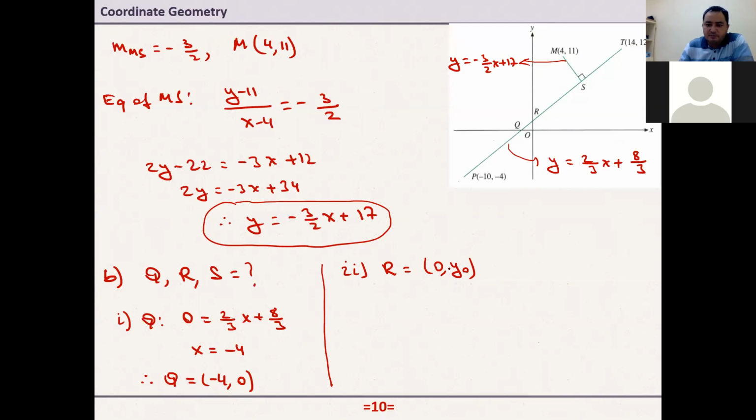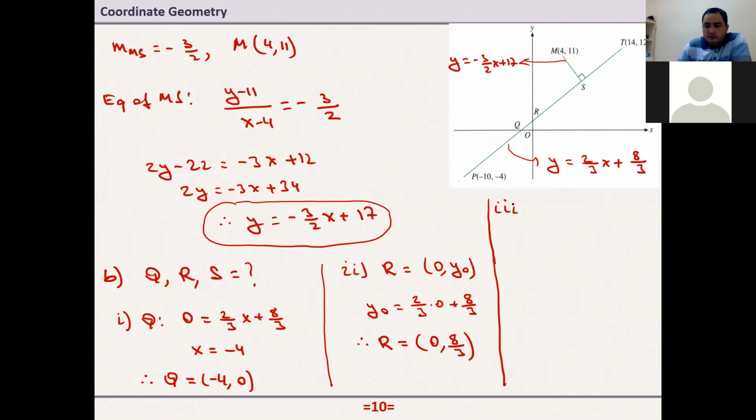And also it is on the line PT, so if you substitute here, we will have y sub 0 equals 2 over 3 times 0 plus 8 over 3. Actually, from here we can see that it's just the y-intercept. Therefore, coordinates of R are (0, 8 over 3). Okay, done.